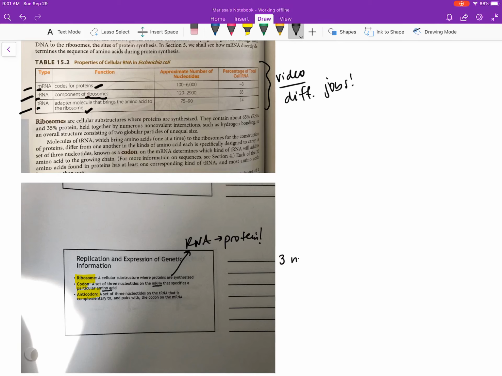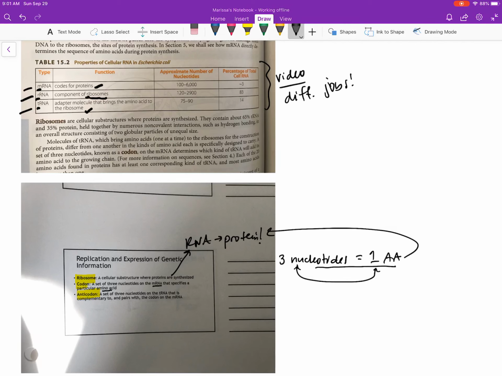So 3 nucleotides equals 1 amino acid, which is the building block for a protein. This is how we go from the nucleotides in RNA to the amino acids to form proteins, because there's not a direct translation. So we have to transcribe them from one language to another.